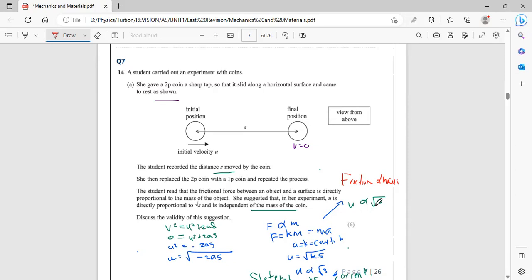So basically, you need to mathematically prove it. We need to come up with an equation. When you want to come up with an equation linking certain quantities, according to the application, you need to figure out what equations you can use.